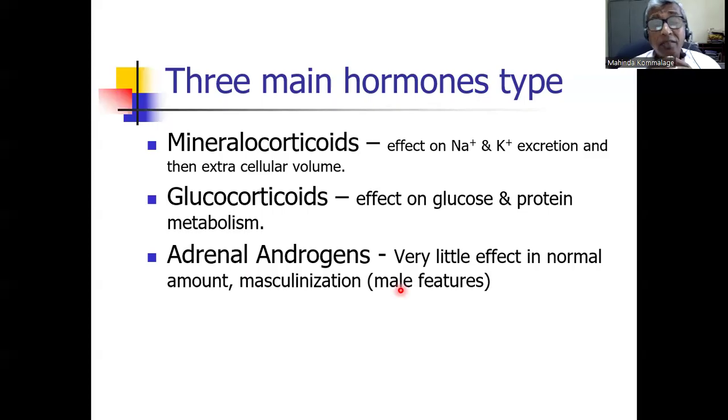I would say it's less important because in males, we get the male reproductive hormone from the testis. So this adrenal androgen is not that important, with little effect on male reproductive function, and of course no use in the female. So we will discuss the mineralocorticoid, cortisol, and to some extent the adrenal androgen.